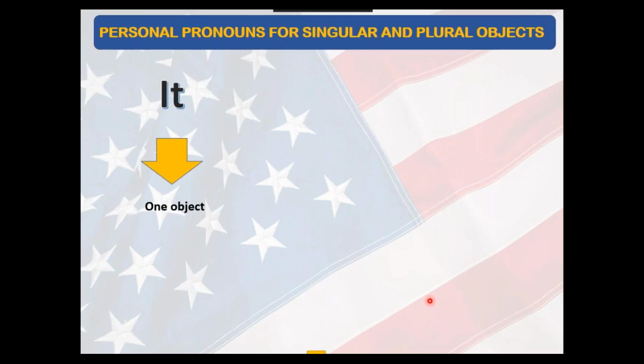So, let's see the personal pronouns for singular and plural objects. Remember last unit? For one object, we use it, right? Example, this object, only one. In this case would be a cell phone or an iPhone, maybe. That is only one.